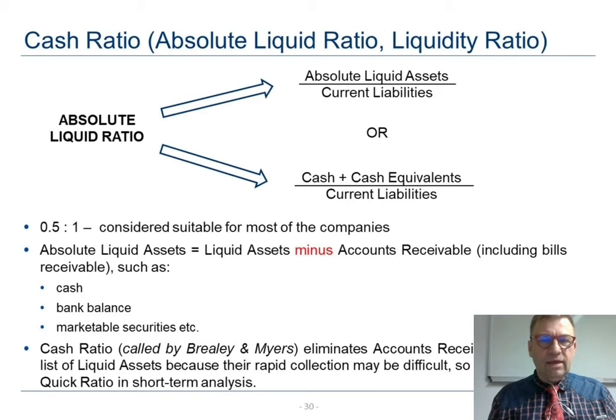It's called in a very sophisticated way absolute liquid assets, because they are absolute liquid assets, but what they are is cash and cash equivalents. So cash and cash equivalents divided by current liabilities. And already we will say that 0.5 divided by 1, so 0.5, is considered suitable for most of the companies.